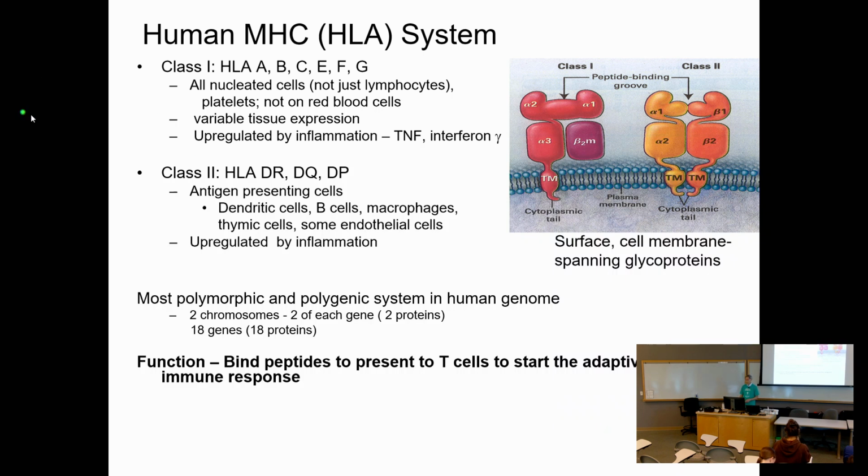These are cartoons of class 1 and class 2, and the peptides are in these binding grooves here. The majority of the important changes in the alleles occur in those grooves, so having different amino acids in the groove will allow them to bind different peptides.